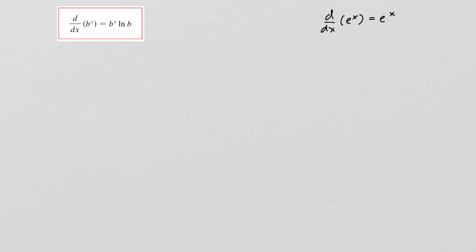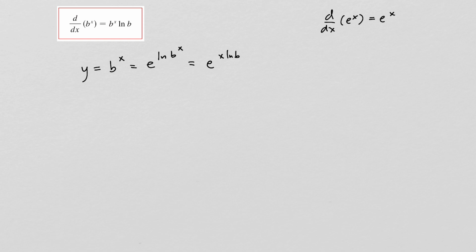So to do this, let's first remember that if we have a function y equals b to the x, we could rewrite this function as e to the natural log of b to the x. And this is a property of logarithms. And then from there, we can rewrite this as e to the x times the natural log of b.